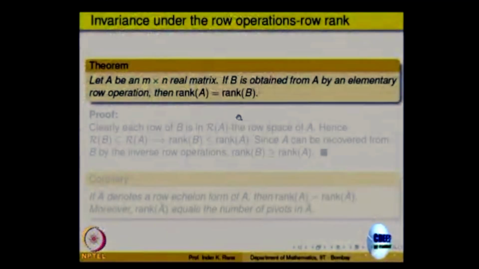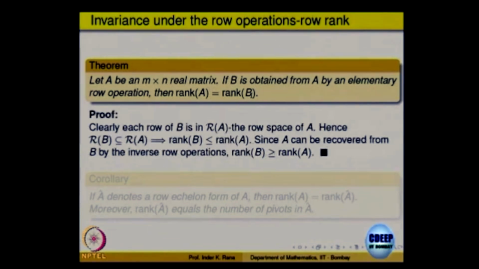In a vector space, if you take two elements and take a linear combination, that stays in the vector space. So the basic fact is that row operations transform the rows, but they do not change the row space of the matrix. Once the row space does not change, the dimension will not change. So the row rank of A is the same as the row rank of B if B is obtained from A by elementary row operations. This is just written there in the proof.